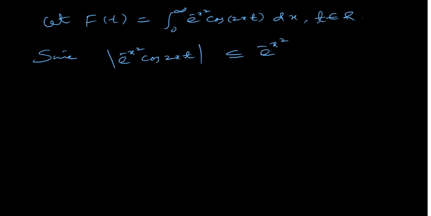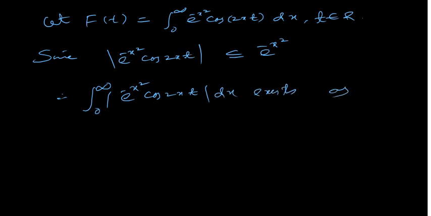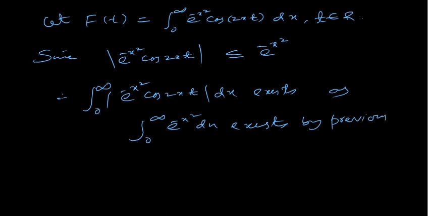Therefore the improper integral from 0 to infinity of e power minus x square cos of 2xt dx exists as the improper integral from 0 to infinity of e power minus x square dx exists, by the previous theorem of this lecture.